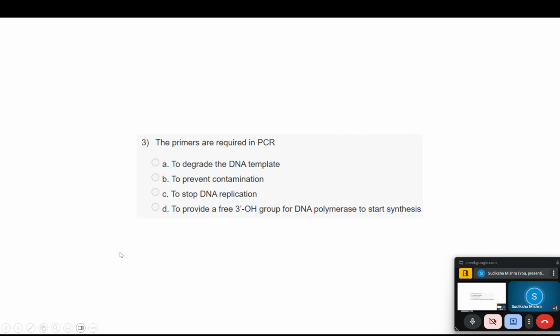Primers are required in PCR to degrade the DNA template, to prevent contamination, to stop DNA replication, or to provide a free 3' hydroxyl group for DNA polymerase to start synthesis. The answer is D. To provide a free 3' hydroxyl group for DNA polymerase to start synthesis.